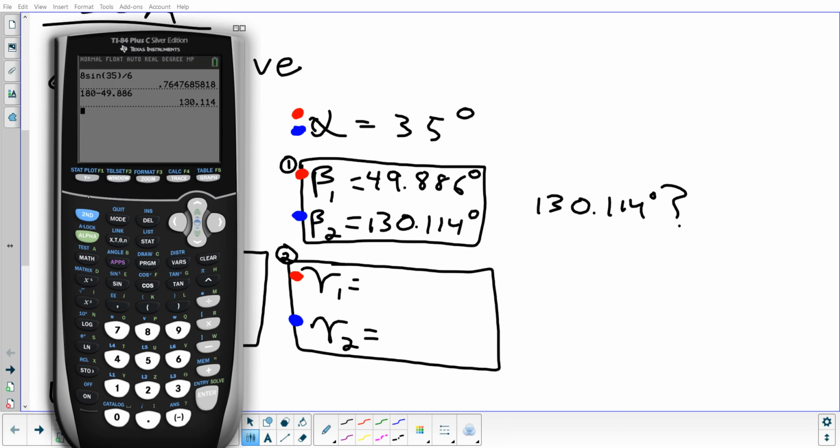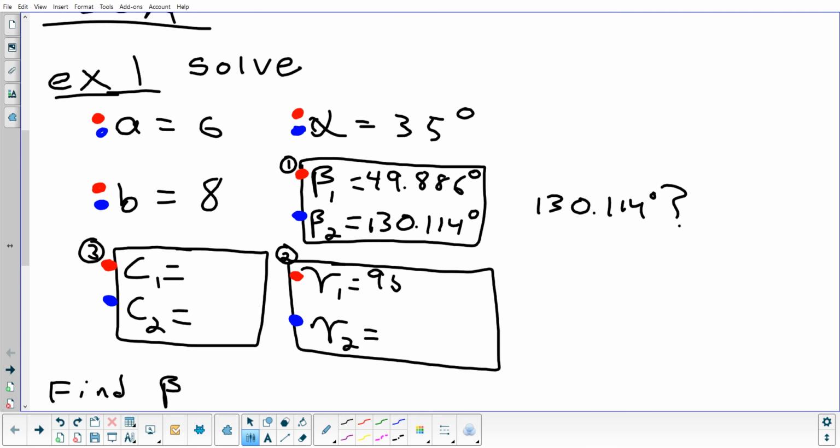So we're going to take the 35, because that's in the red problem, and the 49.886. And so far, for red angles, we've used up 84.886. Now subtract that from 180, and that'll tell you what gamma 1 is. 95.114.